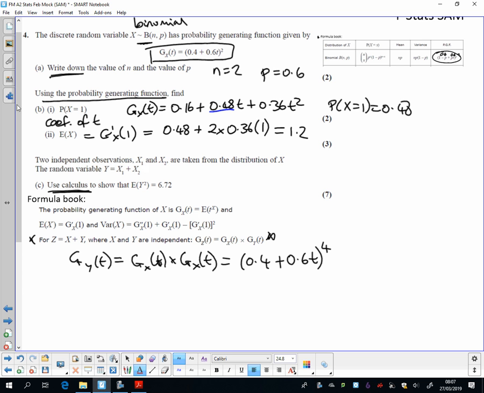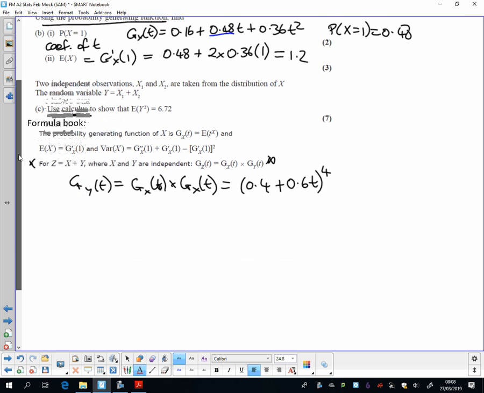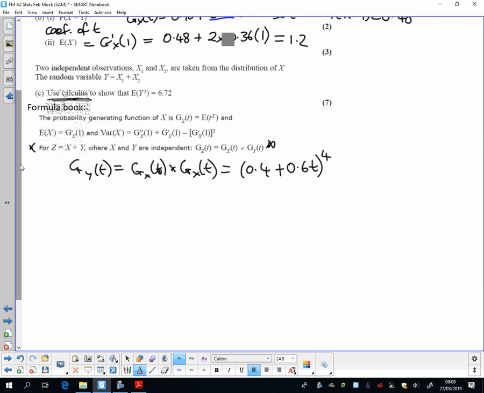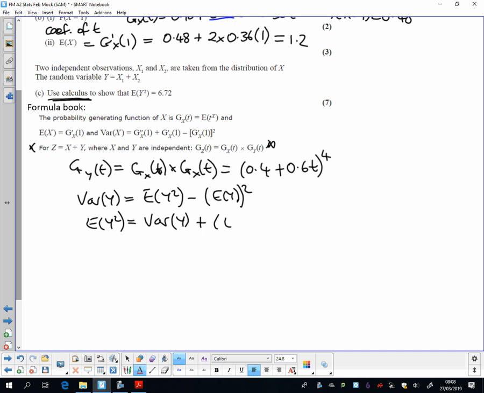Now we need to combine some knowledge of discrete random variables with our probability generating functions. You should know that the variance of Y is the expected value of Y squared minus the expected value of Y all squared. If I rearrange that formula, the expected value of Y squared is the variance of Y plus the mean squared. Now I'm going to bring in the probability generating function definitions from the formula book.